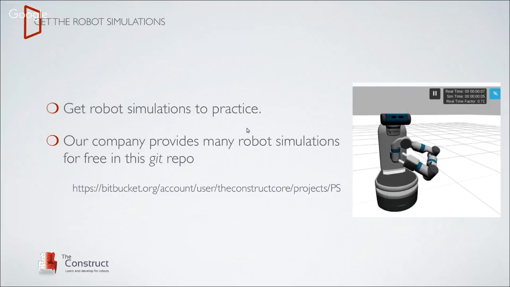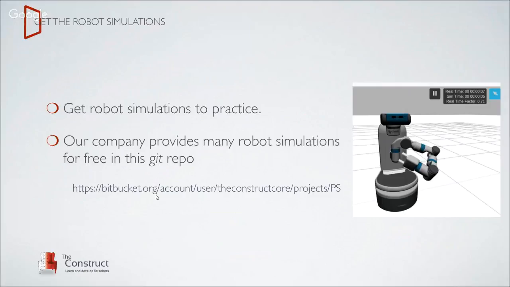We provide our own repository of robot simulations that you can find at this address. It's free, so you can go there, download it, and install it on the computers of your students. It's just a Git clone, so it's going to work. It's prepared at present for Gazebo 7, and in the next months we are going to change to Gazebo 8, but not yet.